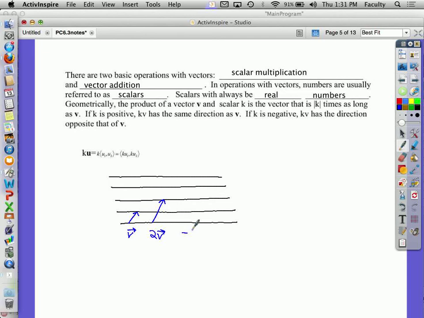Now what if I have negative 3 times vector v? I do need it to go at the same angle, 3 spaces, but a negative makes it reverse direction. Okay, so scalar multiplication is super easy. Any questions on that?